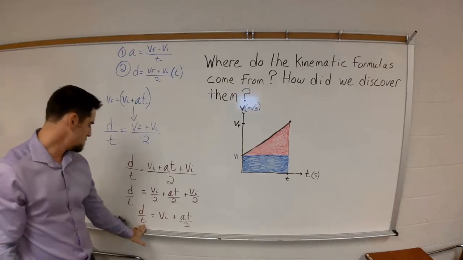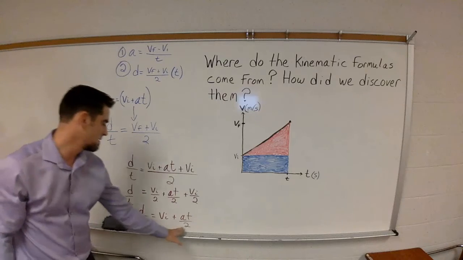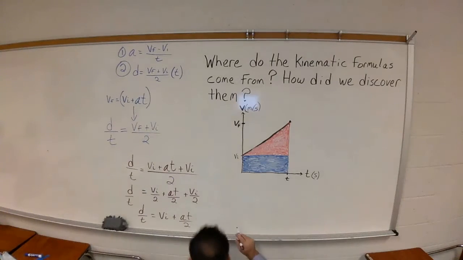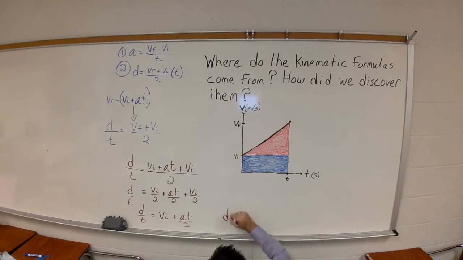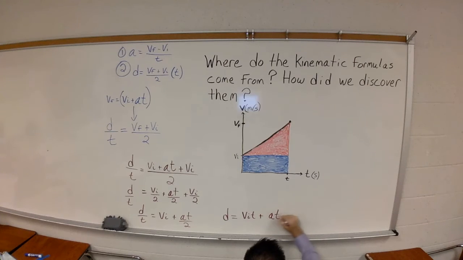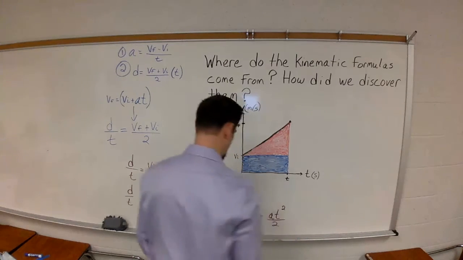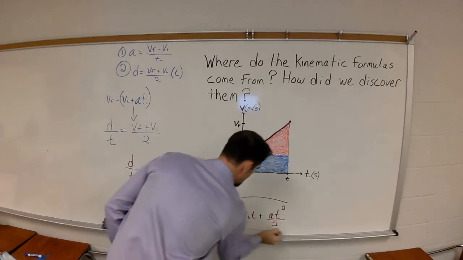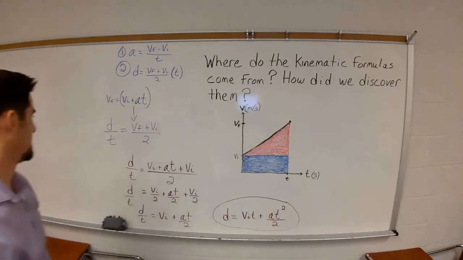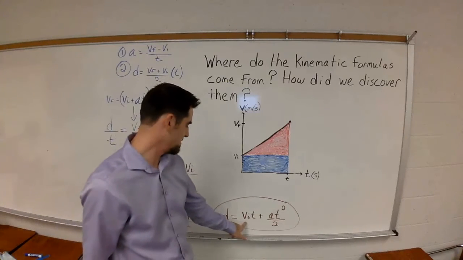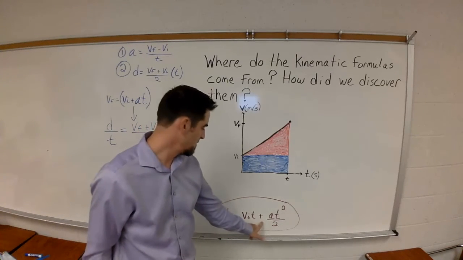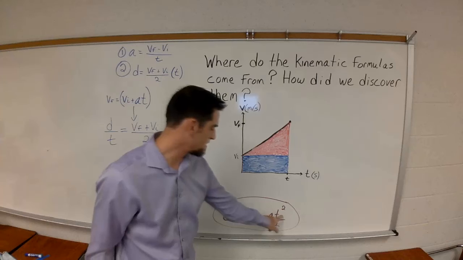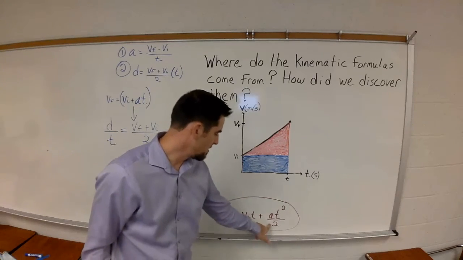Now I want to multiply both sides by t, and that gives you distance is equal to initial velocity times time plus AT squared over 2. And this is equation number 3. Distance is equal to the initial velocity times time plus acceleration times time squared divided by 2.